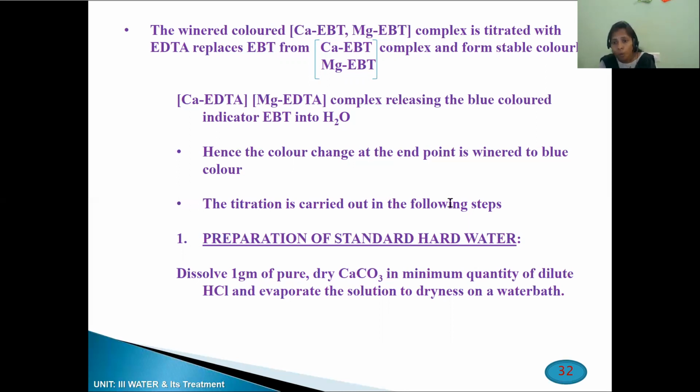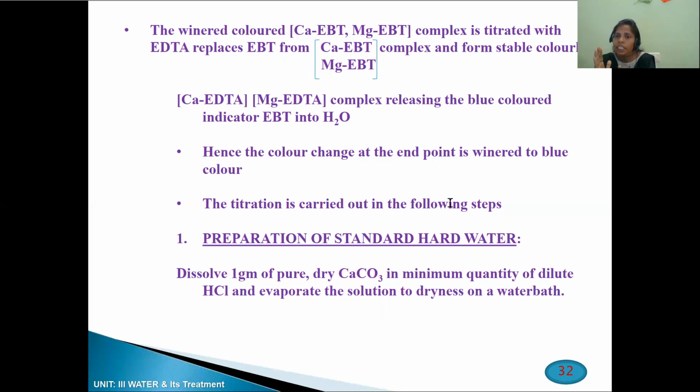To find out the water sample hardness, the hardness of the other solution we are using must be known. We are using EDTA. If two are unknown, we can't find out either. So to find the water sample hardness, the EDTA hardness must be known.